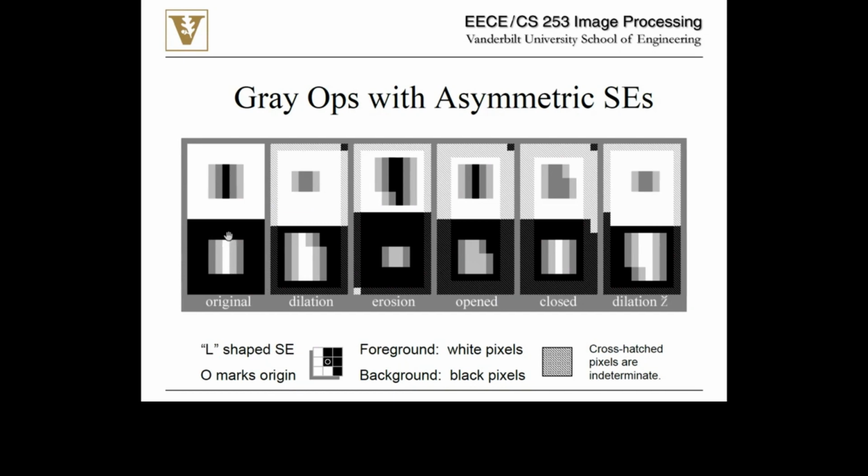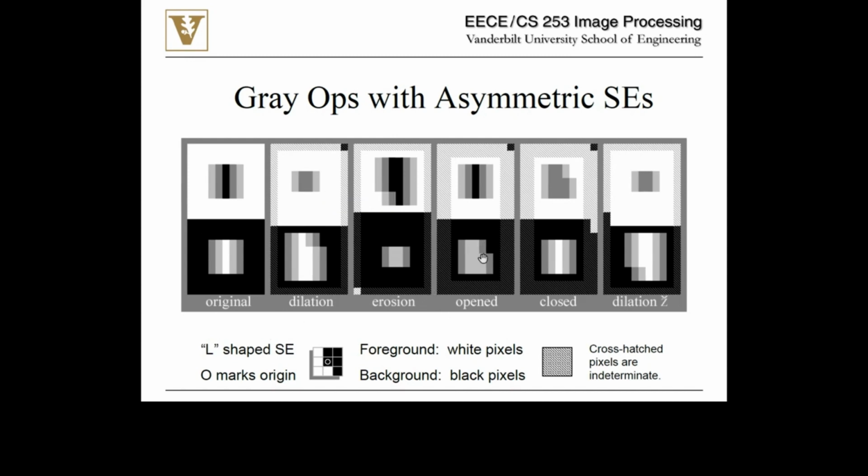For instance, this is a square, but after making it bigger with the shape of the structuring element, it becomes a kind of L. And erosion is the opposite. It makes the dark parts bigger. So now this dark part here is bigger, and the same here, again with the shape of the structuring element.